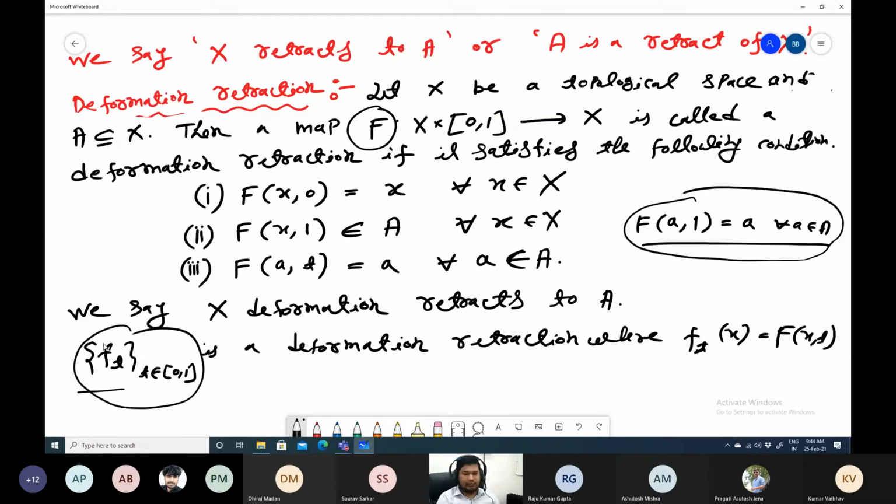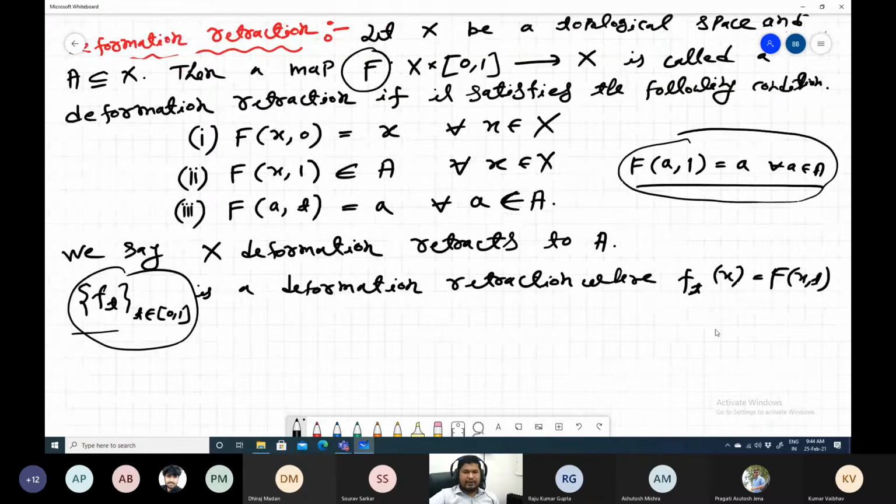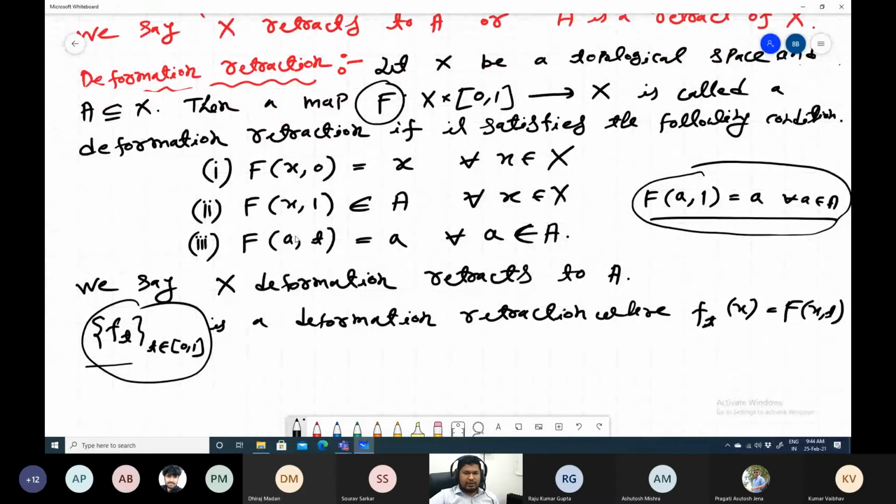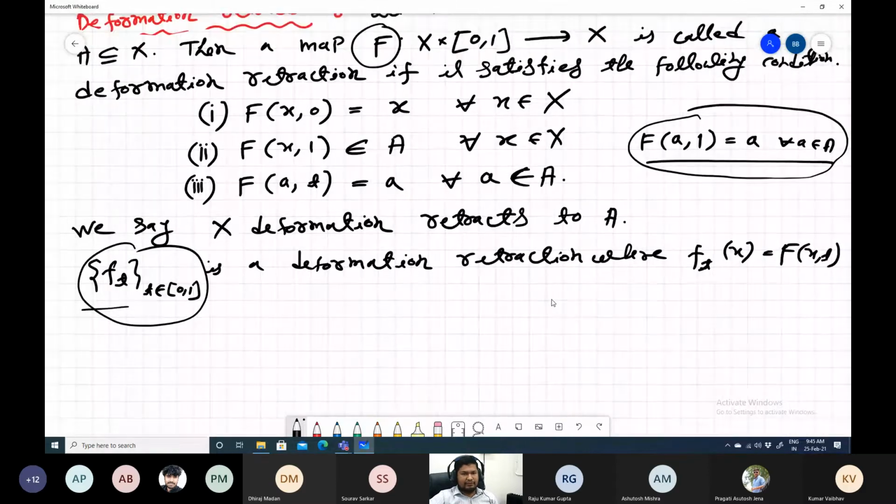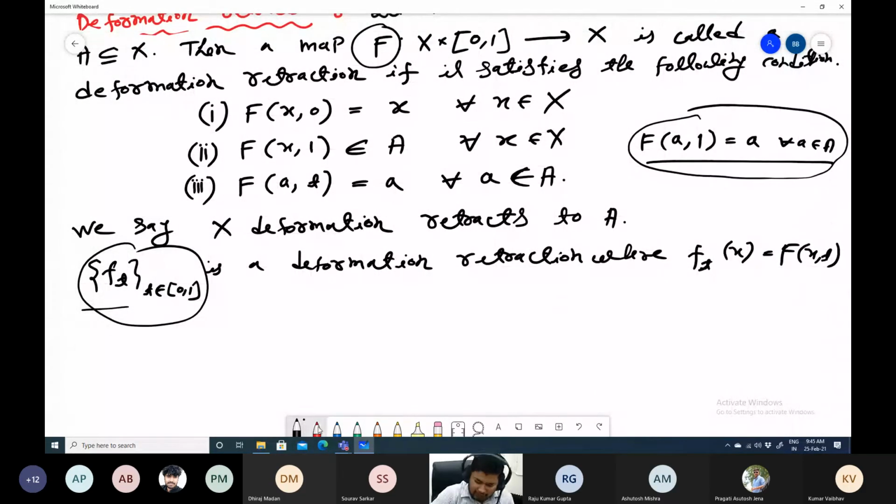The definition of retraction is something similar to the definition of homotopy, right? The only problem is that here the domain is not I, the domain is X itself.